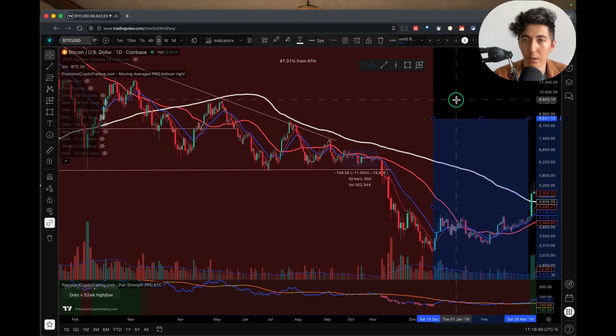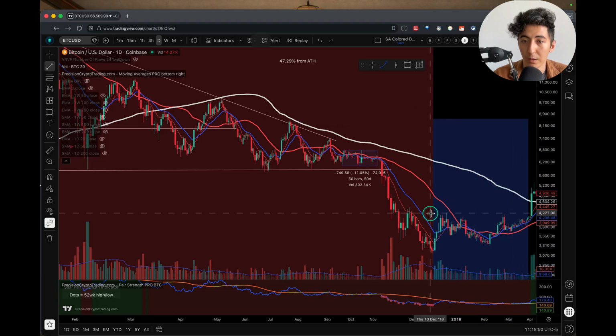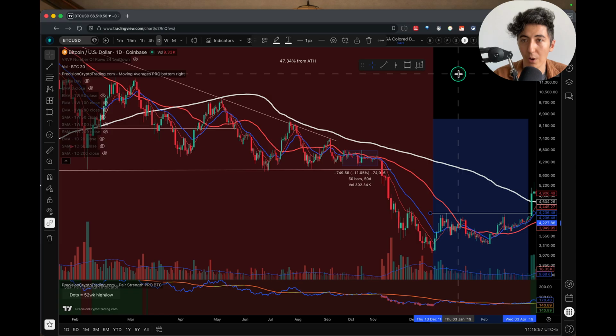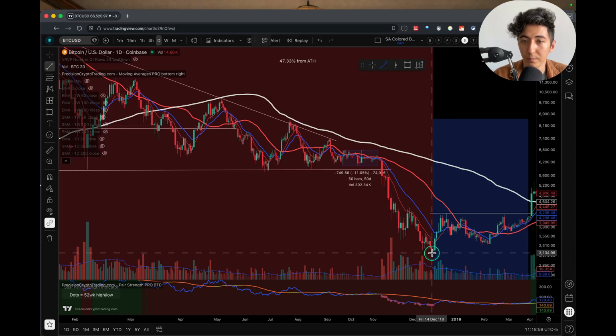And this is where we start drawing our trend lines. We could see a clear range. This is the high. That was the low. And we could see that it is going higher.